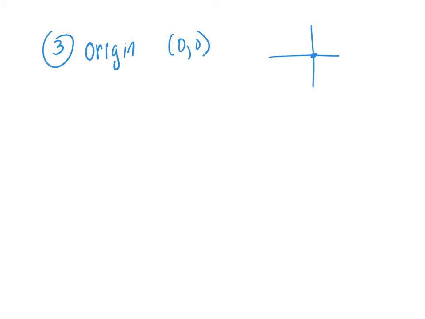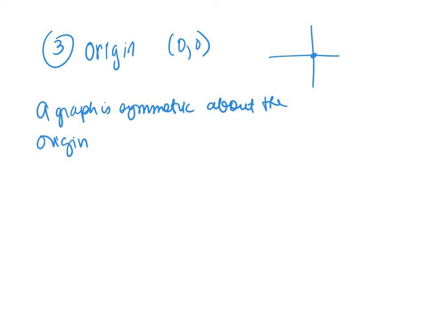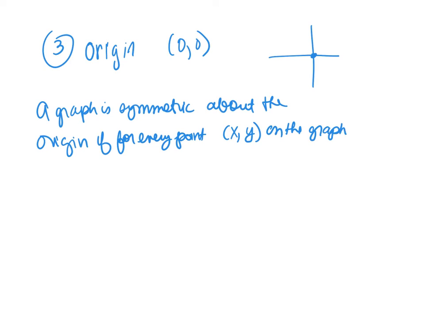The definition is a graph is symmetric about the origin if for every point (x, y) on the graph, the point (-x, -y) is also on the graph.